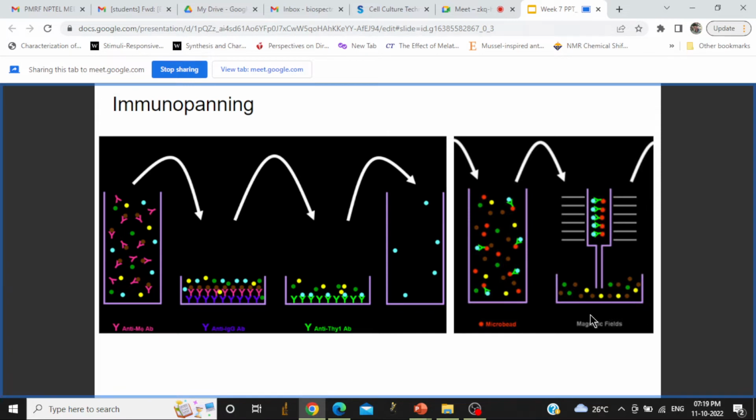So they will remain there. Other cells will pass through this tube and will be collected at the bottom. Later on, when the magnetic field is removed, these cells will be released, and you can collect these cells separately. So these were the techniques which are mostly used to separate the cells.